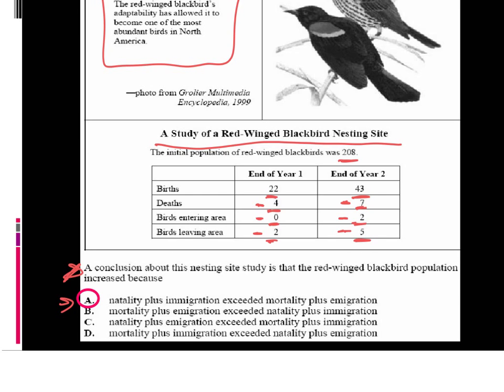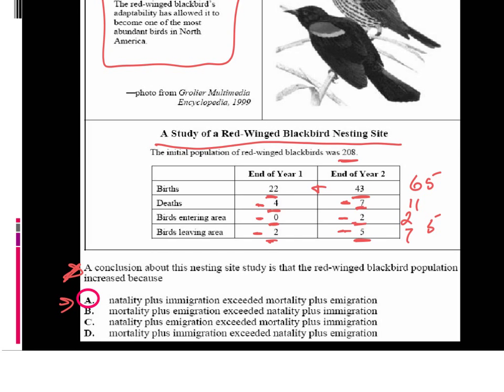These numbers aren't very different. We have 2 total and we have 7 total here, which is a difference of 5. But we have a substantial difference here in our birth rate. 22 plus 43 is 65, and this is only 11. So that's a substantial increase in our birth rate.